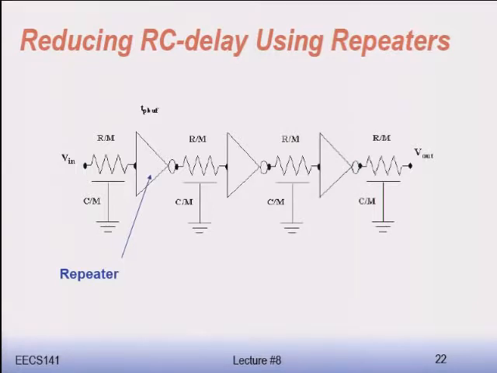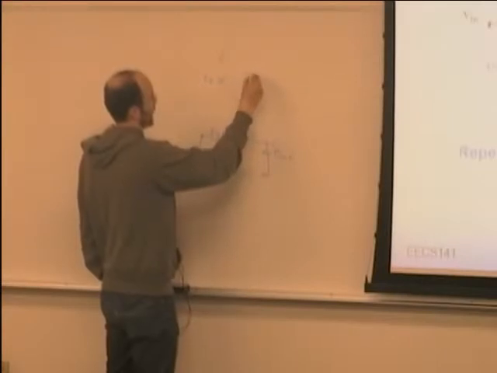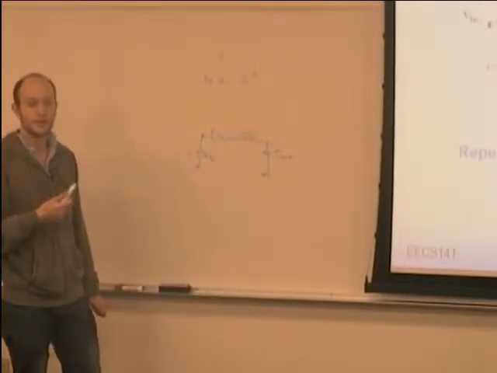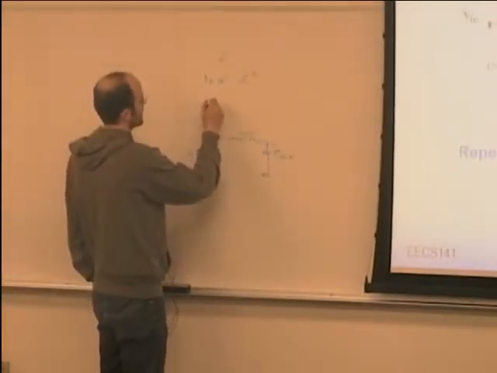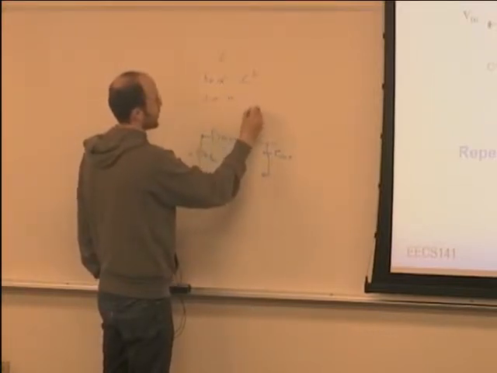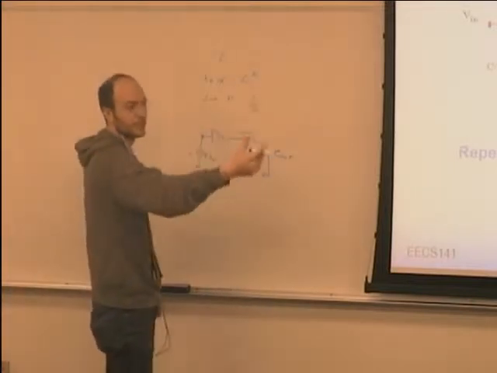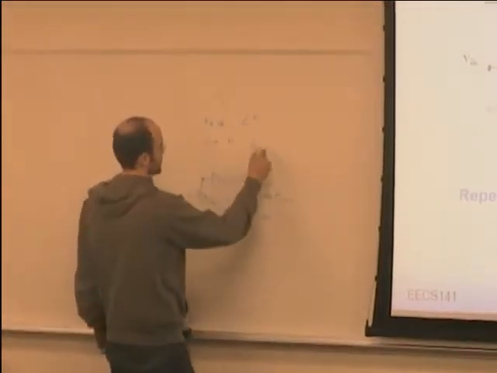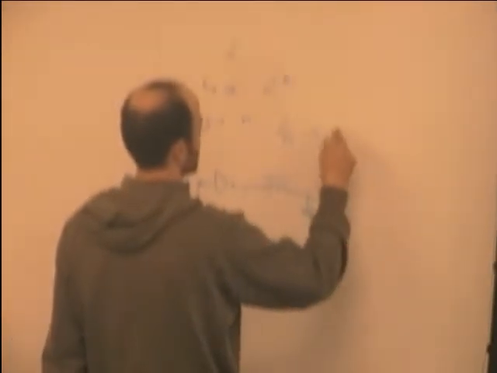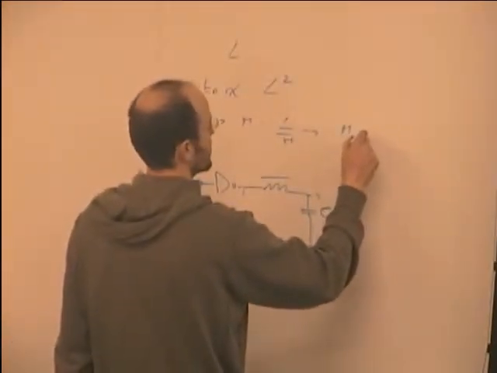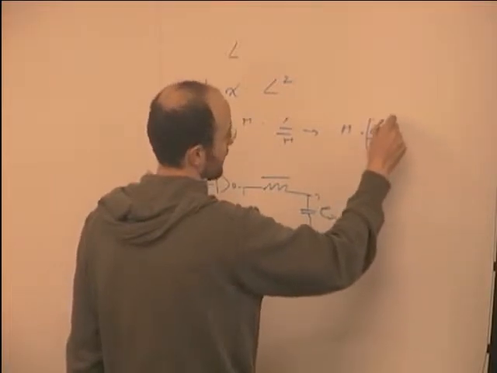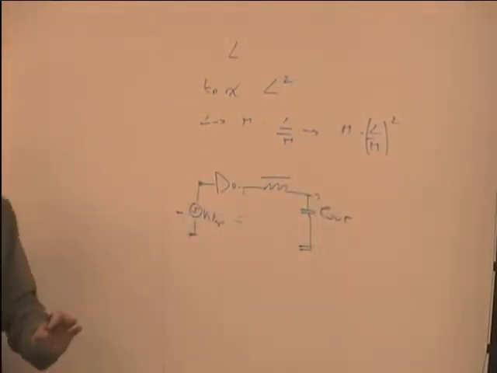Because I have a length L, and so the delay is proportional to L squared. Now, I break L into m times L/m, and notice that I add the delay of these pieces. And so what I end up is that I get m times (L/m) squared. Is this clear to everyone?